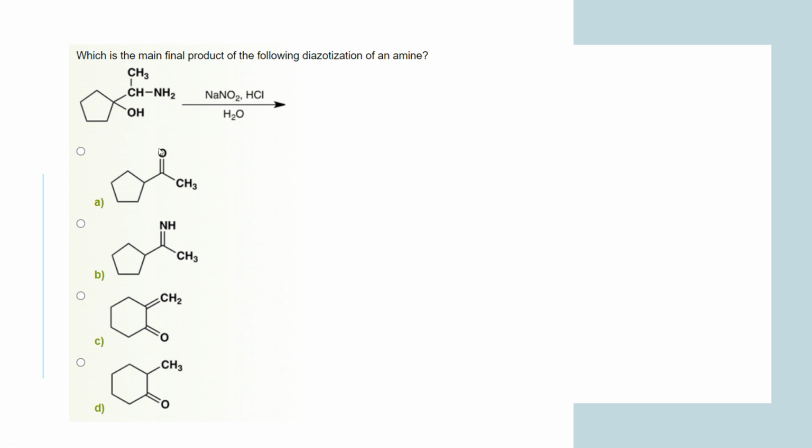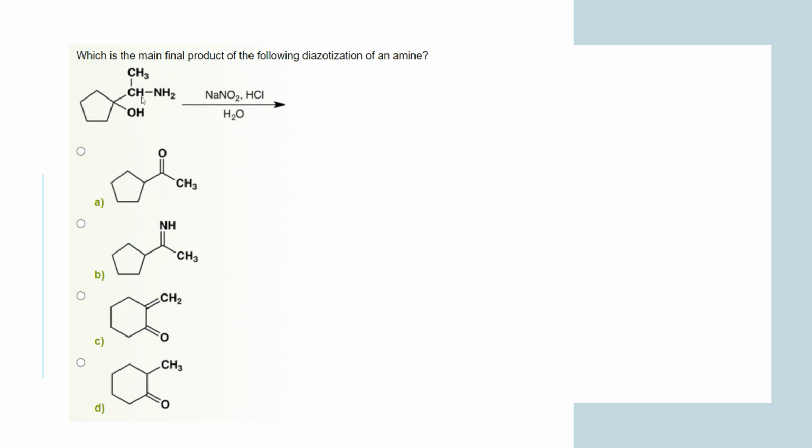So first what happens, this amine will undergo this well known condition of diazotization. So this amine will first get converted into a diazo group, that is N2 group will be linked to this carbon in the first step of this reaction, and in the subsequent step the rearrangement will take place.